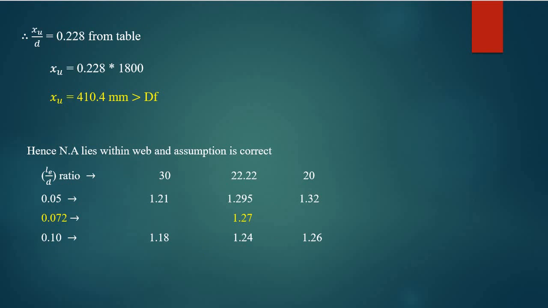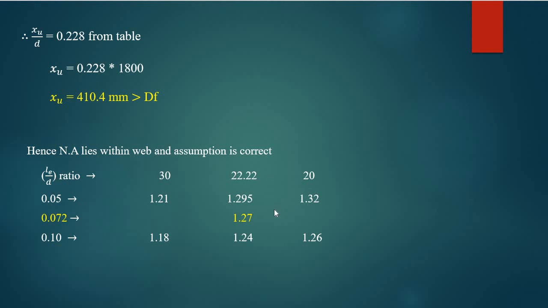Therefore XU by D equal to 0.228 from the table, and D is known, 1800, so XU is 410.4 mm, which is greater than DF, the depth of the flange. So whatever assumption we have made is correct. Hence the neutral axis lies within the web and the assumption is correct.